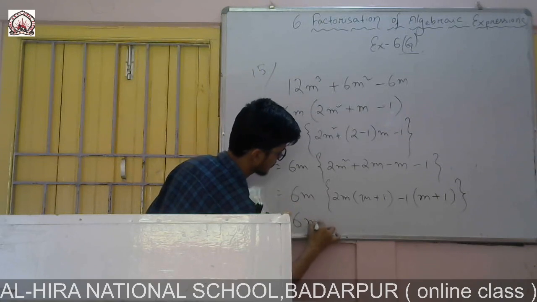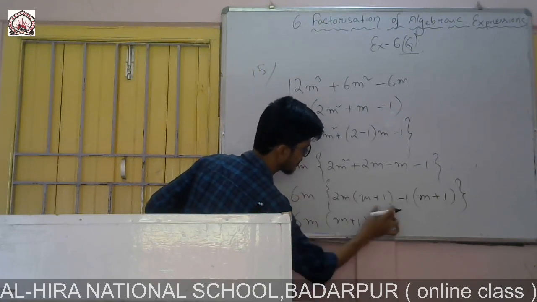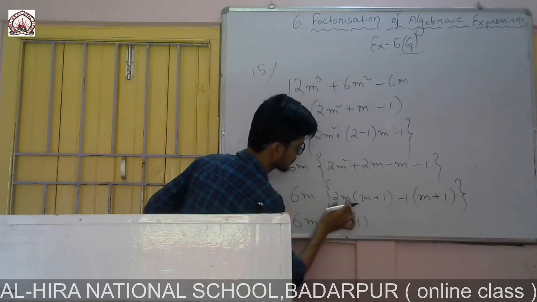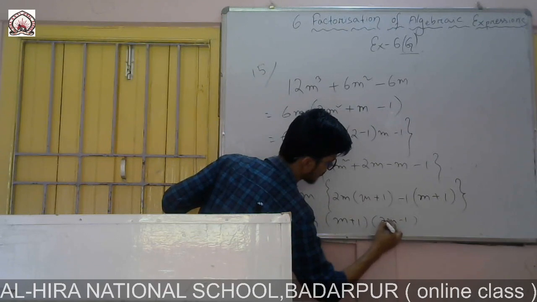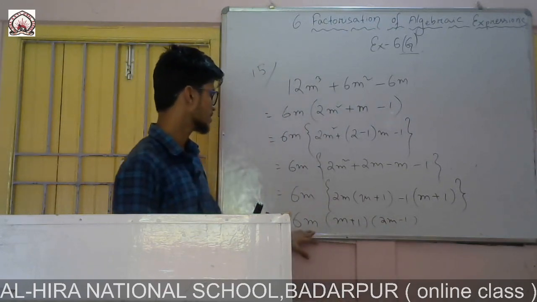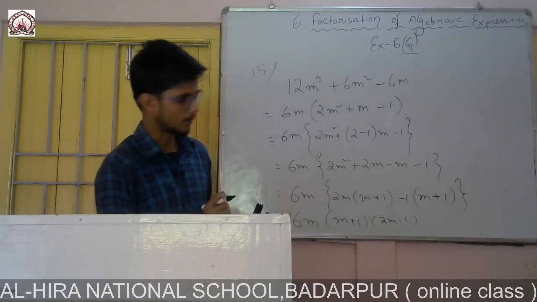So 6m, and there m plus 1 is common, and after taking m plus 1 from both sides, it left twice m minus 1. So the factors are 6m, m plus 1 and 2m minus 1.